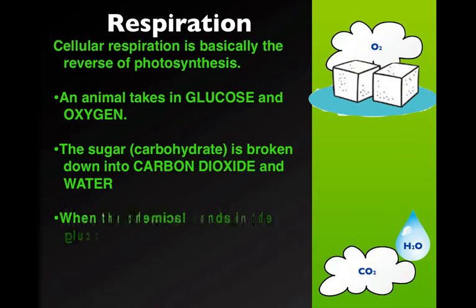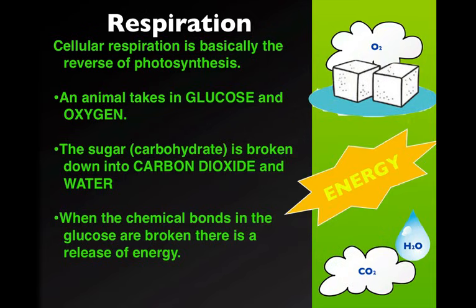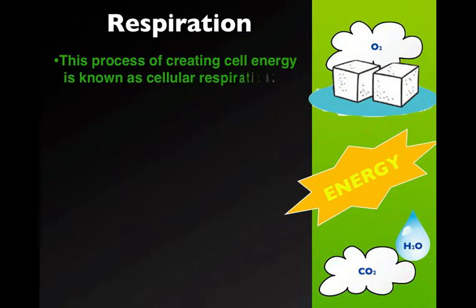And when it does that, there's a release of energy. So that's where we get our energy from. So this process of a cell creating its own energy is known as cellular respiration. And I guess you really can't say it creates its own energy. It just breaks down the compounds, the sugar compound, by using oxygen and forms energy and carbon dioxide and water.